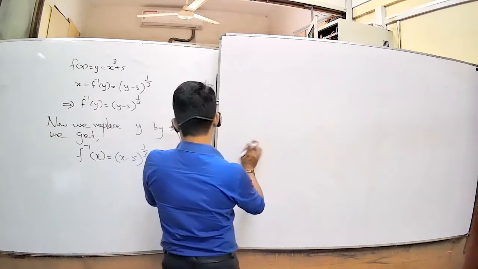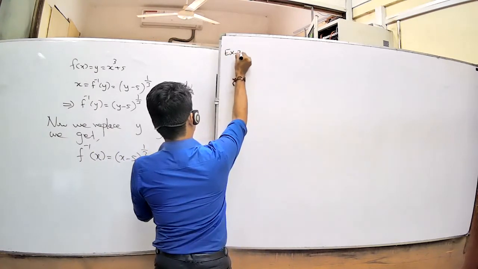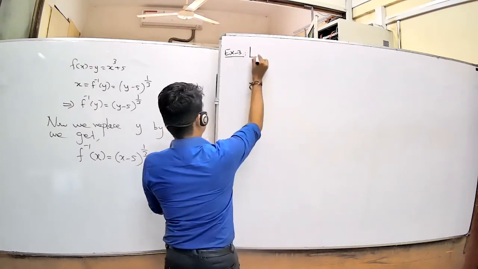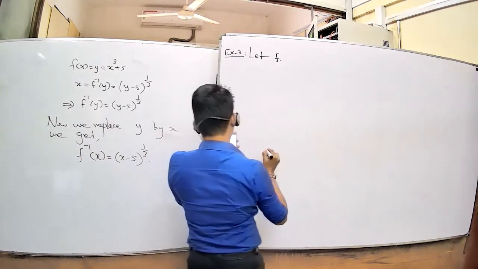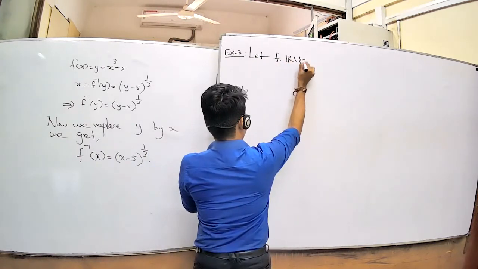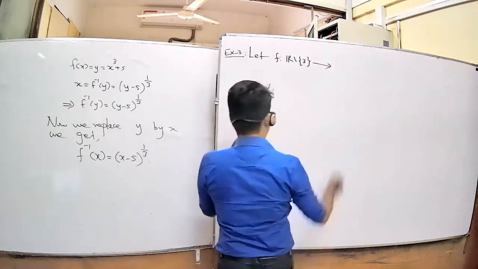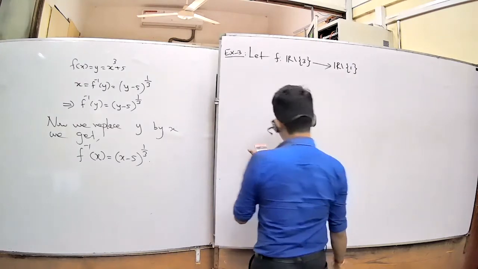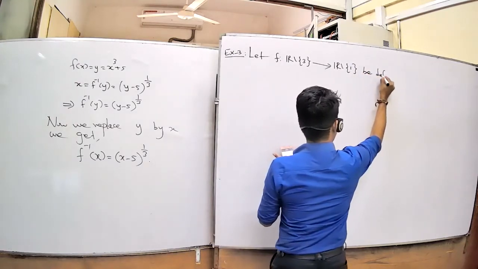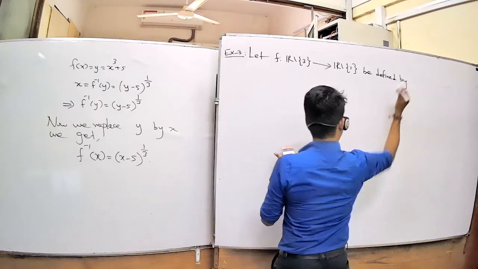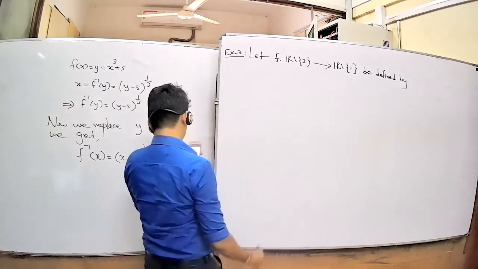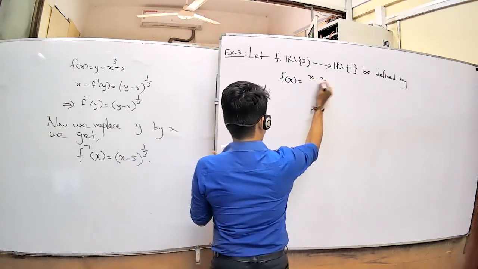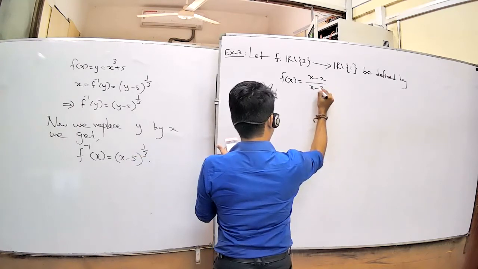Okay, it's 3. Let f be a function from R minus {3} to R minus {1} defined by f of x equals (x minus 2) over (x minus 3).